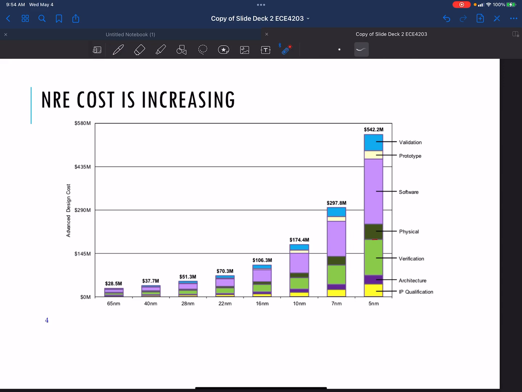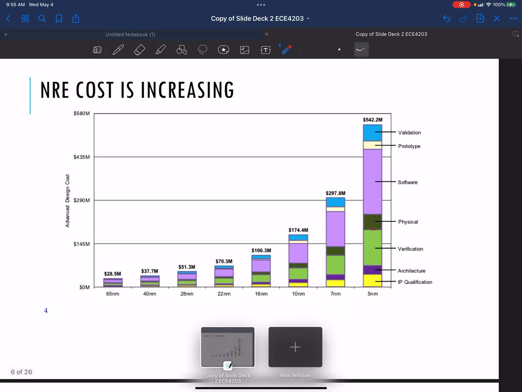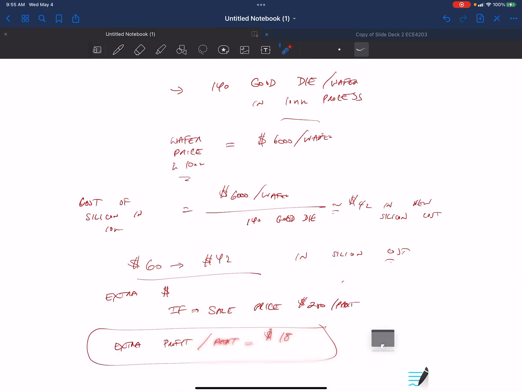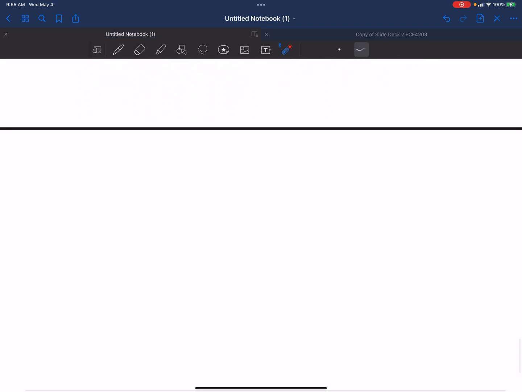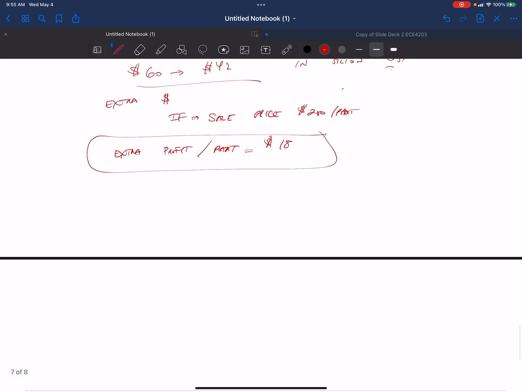And so let's see what that looks like. In the 10 nanometer process, the estimate for that is 174.4 million. So that's 175 million. So let's say that was our NRE. Now we want to see how long it'll take us to get our NRE back.